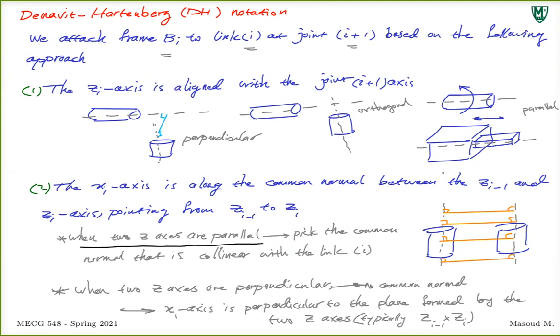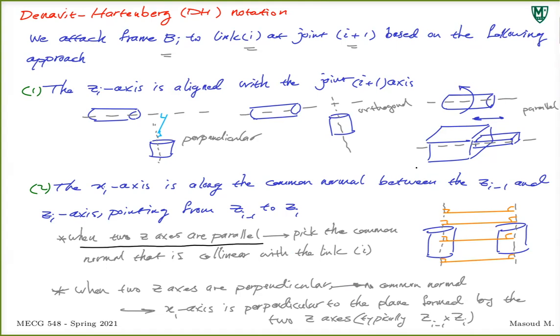X is determined by how the two Z axes, between this frame and the previous frame, stand with respect to each other. We're looking for the axes for frame 2, so we have to look at the configuration of the Z axis for frame 1.